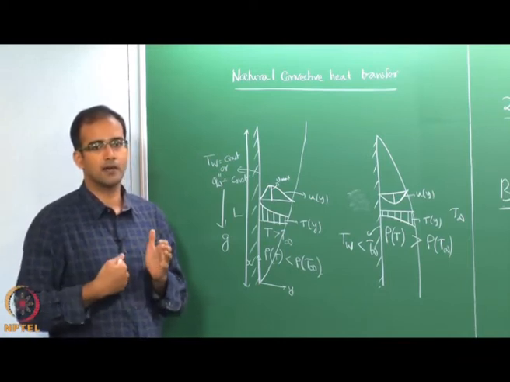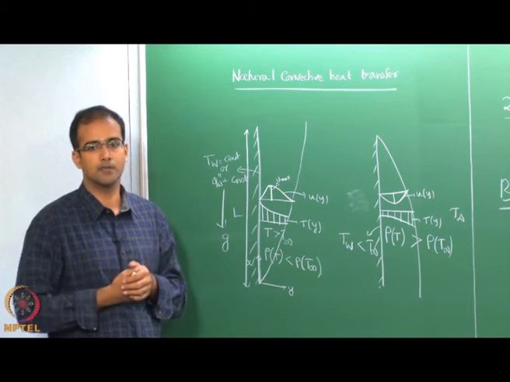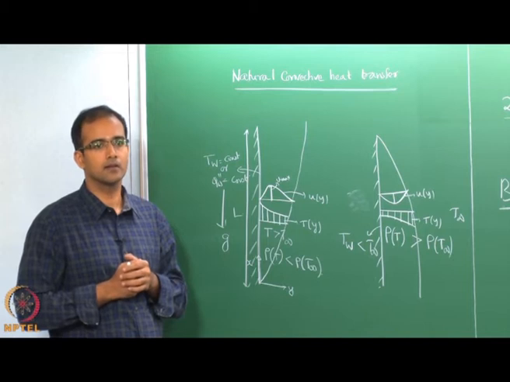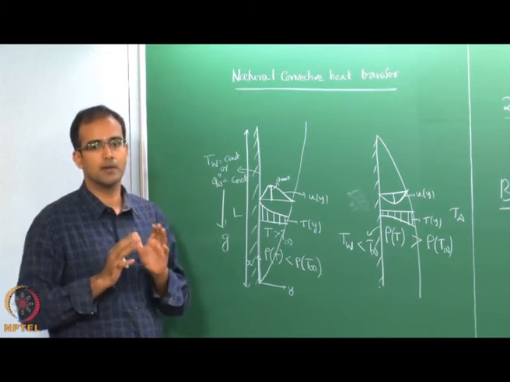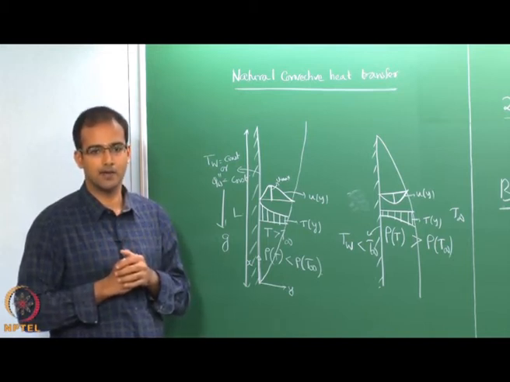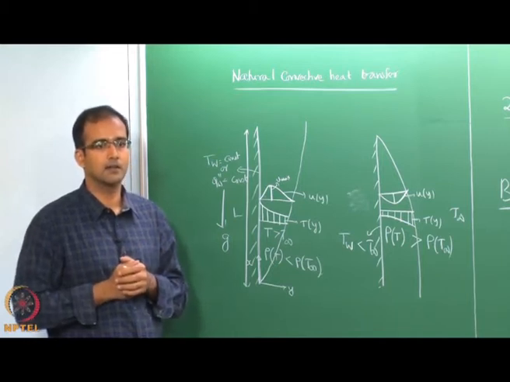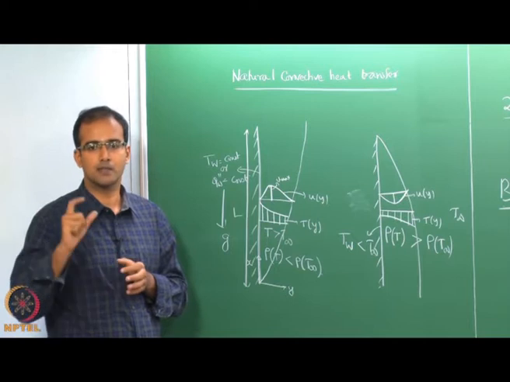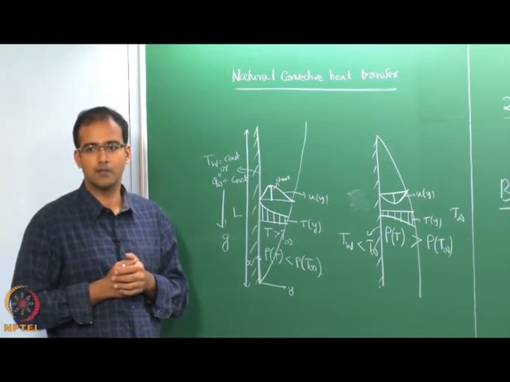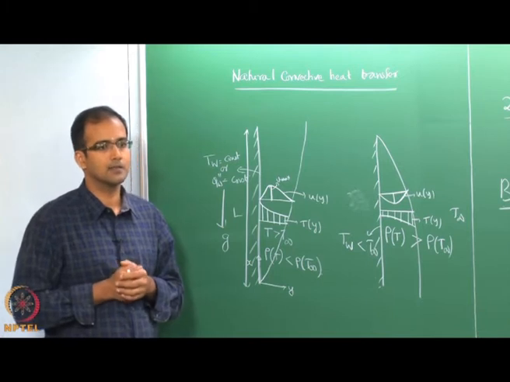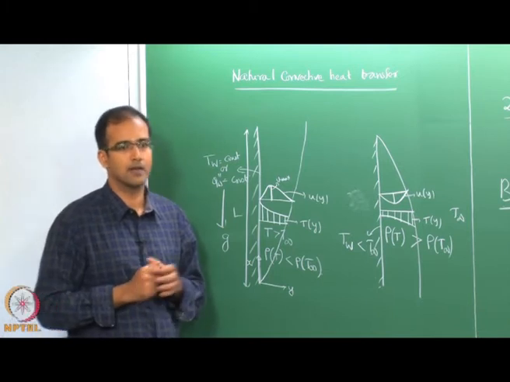So, except for the body force term, it is reasonably good enough to approximate the density to be a constant everywhere else in the equations, provided the temperature differences are small enough. If the temperature differences are very large, even the Boussinesq approximation will not be valid.